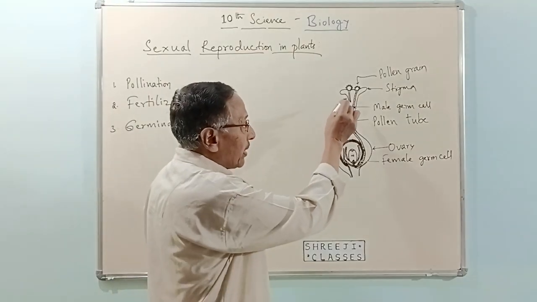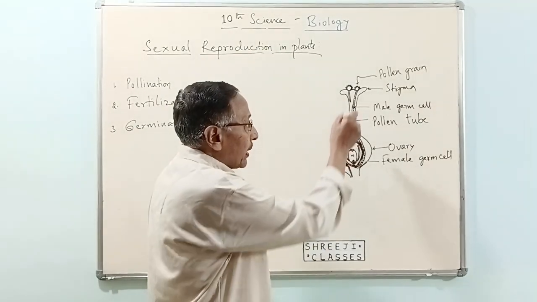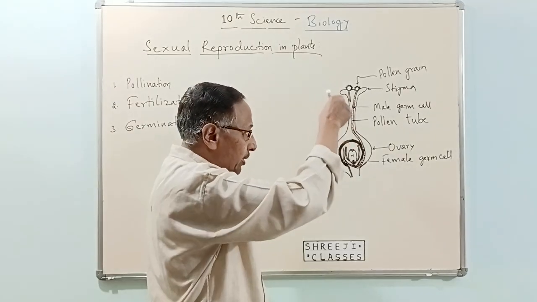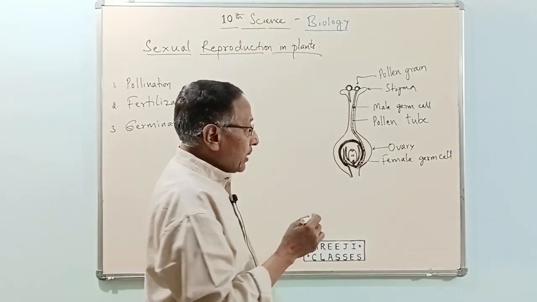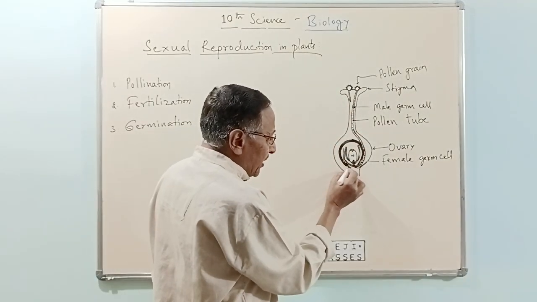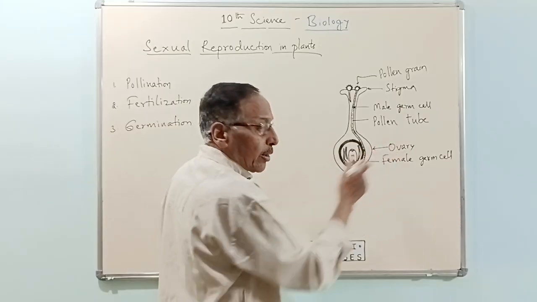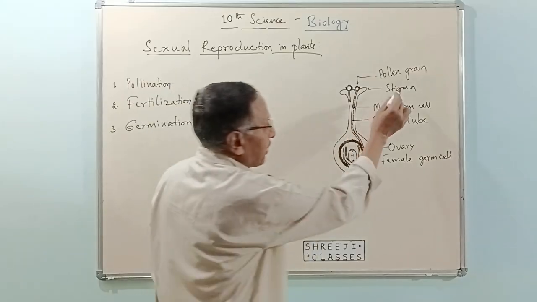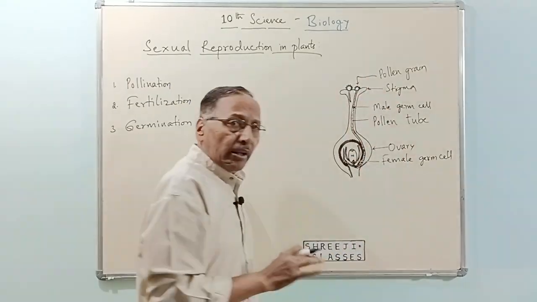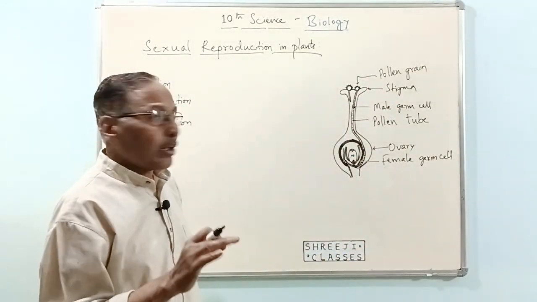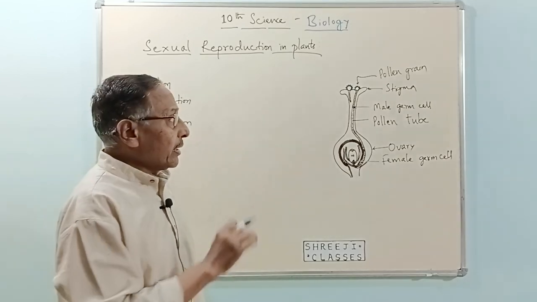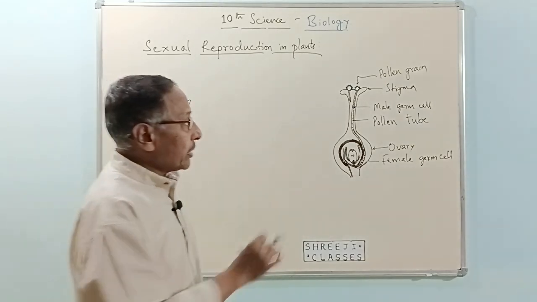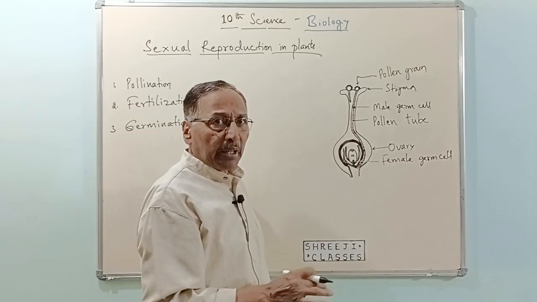One of these pollen grains keeps elongating, forms a long tube, and enters the central part, the ovary of the flower. Stigma, style and ovary are the parts of the female reproductive part called the pistil, or carpel.